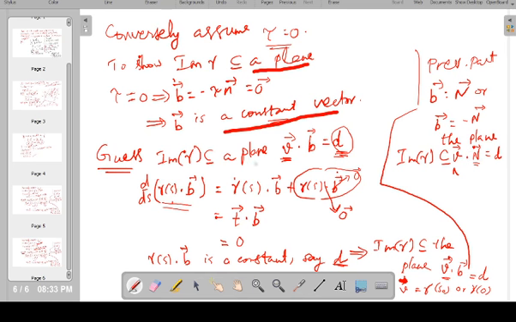So this is just a guess. The image of gamma is contained in the plane v dot b equal to d. So the question is again which d and which v. As far as v is concerned, there is no problem because v is just a point in that plane. So I can take v as gamma of s naught for some s naught in the domain of gamma.